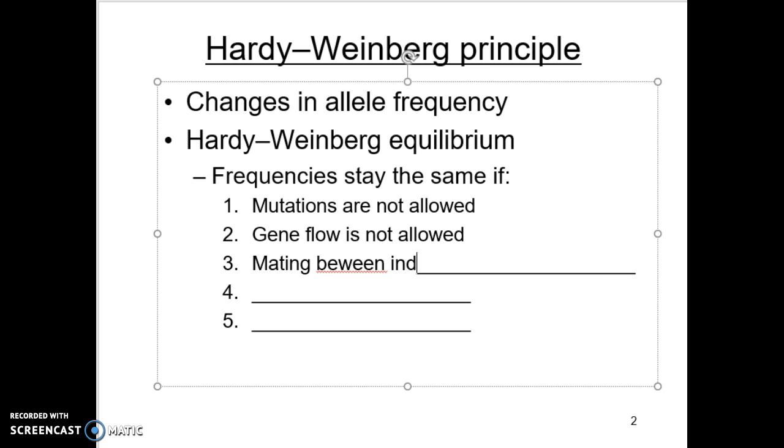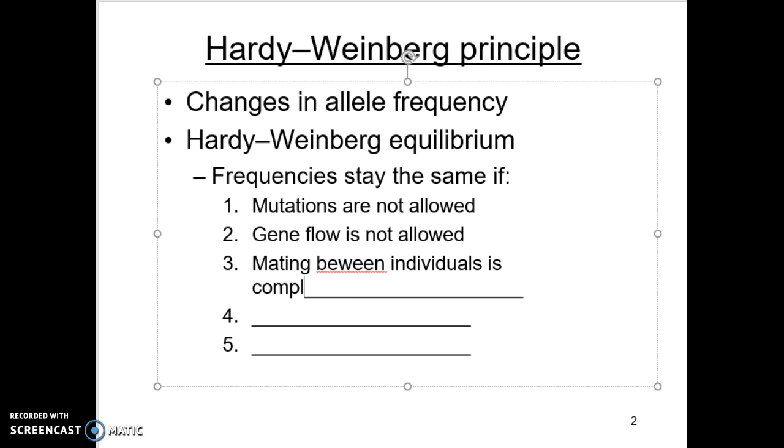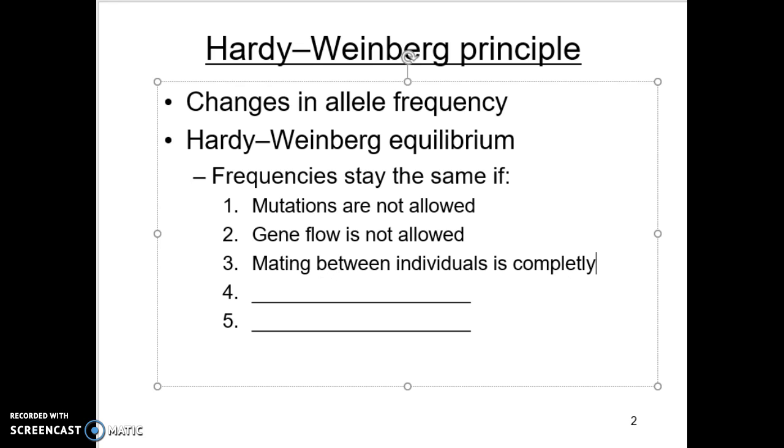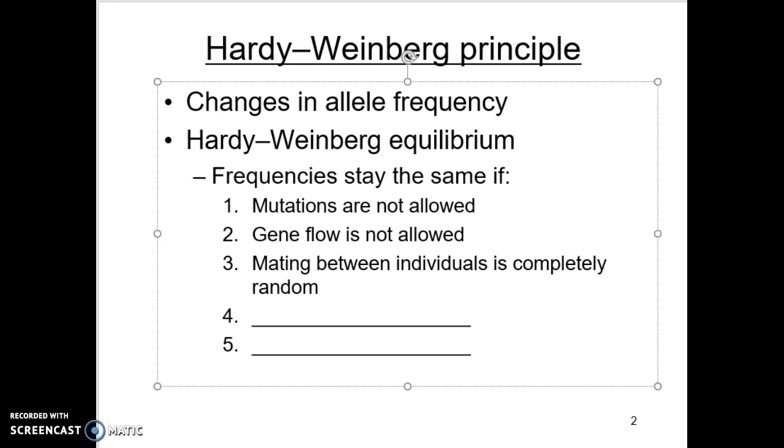Number 3, mating between individuals is completely random. Close your eyes, mate with whoever you bump into. Has to be that way. Mating has to be completely random.